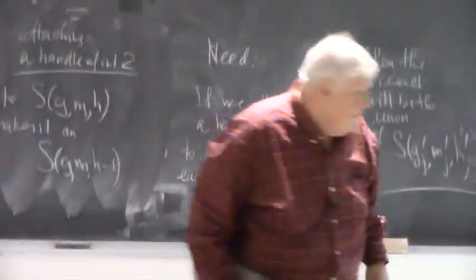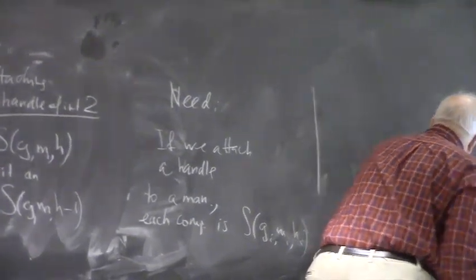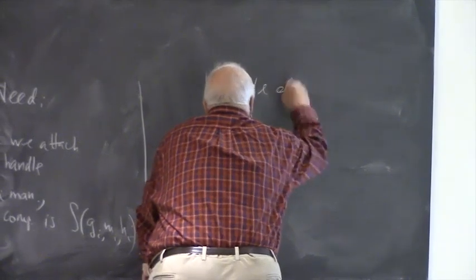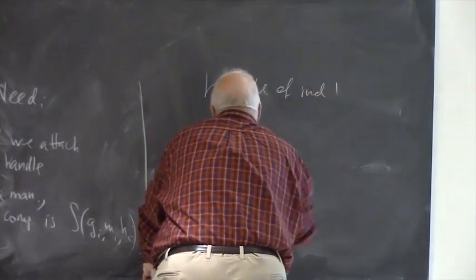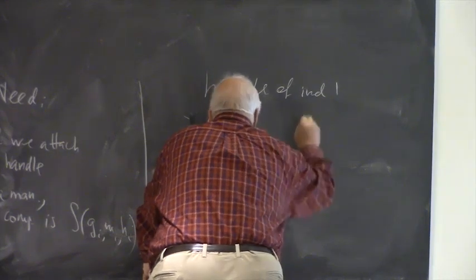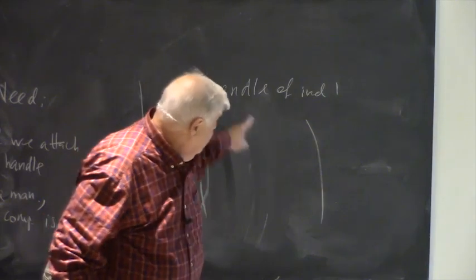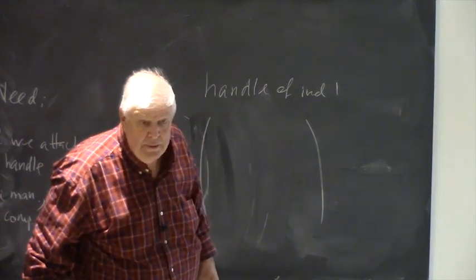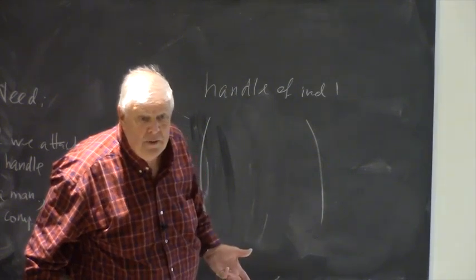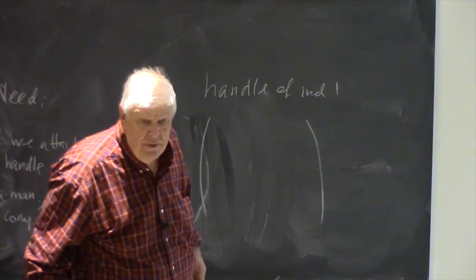So first of all, what is a handle of index 1? This is the following. We have the boundary of our manifold. These two pieces of boundary may actually belong to one component or to different components, but they are just two pieces on the boundary.